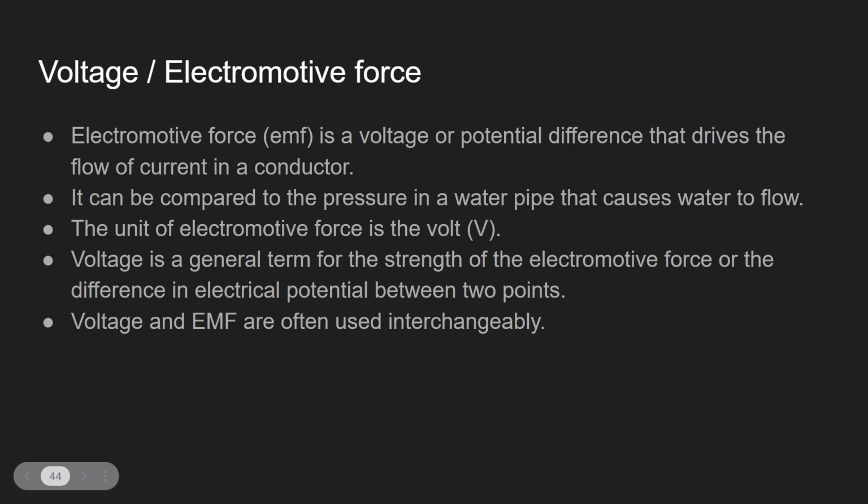So sometimes you may hear me using EMF, and sometimes potential difference or voltage, but finally we are all referring to the same thing. They can be used interchangeably, but sometimes if we want to emphasize a force, then we will use EMF.